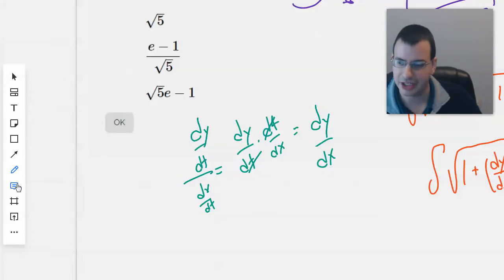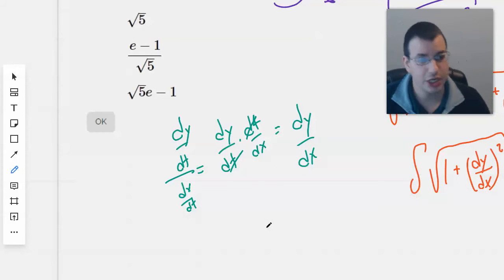I know, it feels like a lot of steps. It's not that bad. At least I hope not. We shall see.